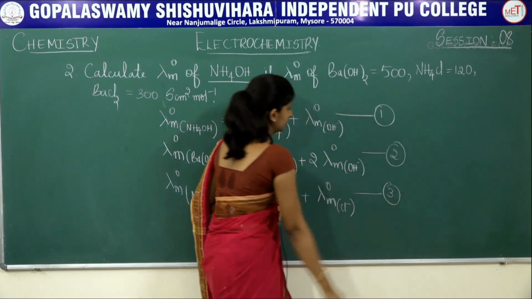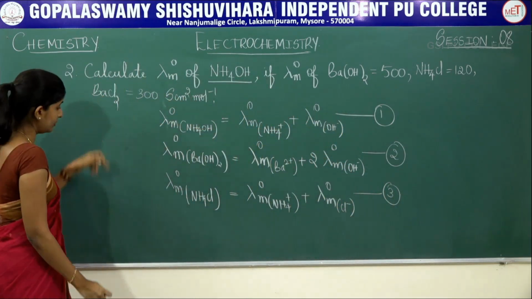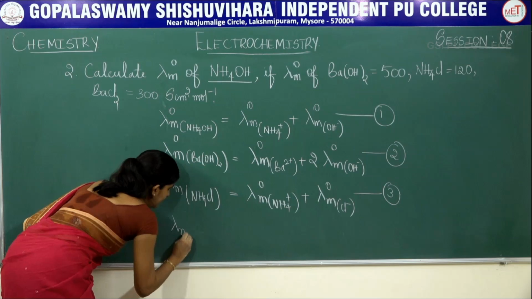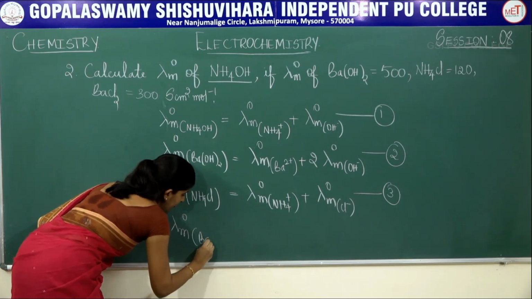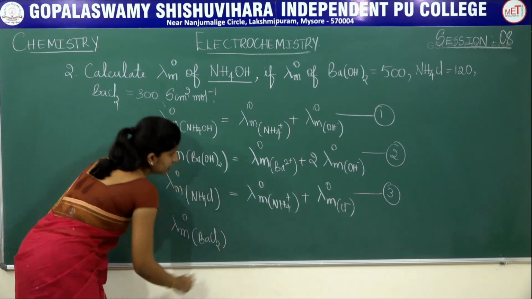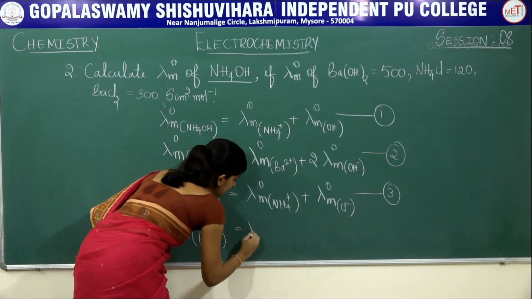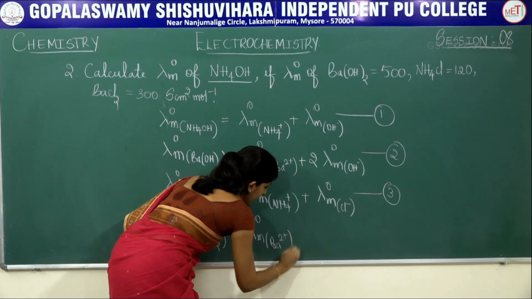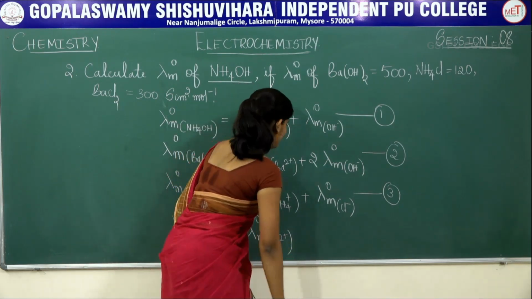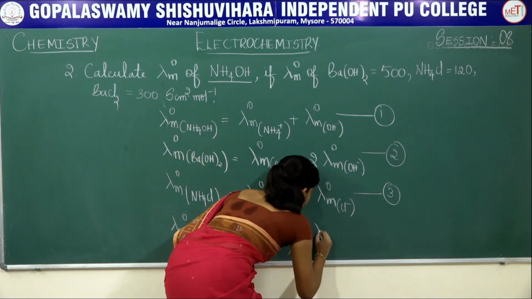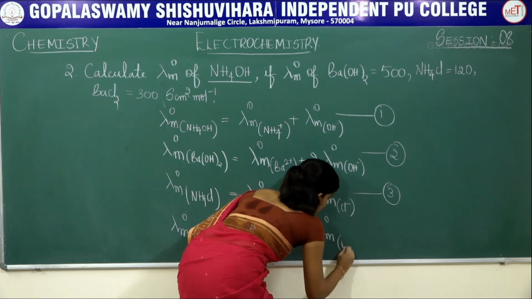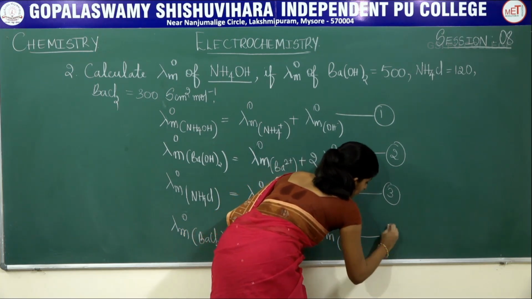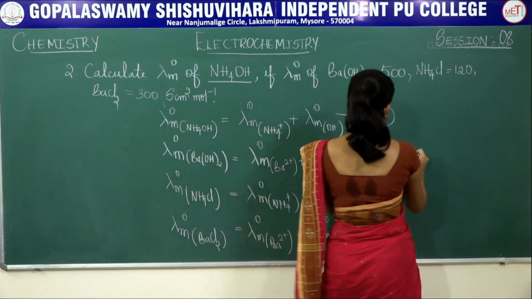This is the third equation. Finally, the fourth one is your barium chloride. Lambda m naught of barium chloride is equal to lambda m naught of barium 2 plus lambda m naught of Cl minus, equation 4.